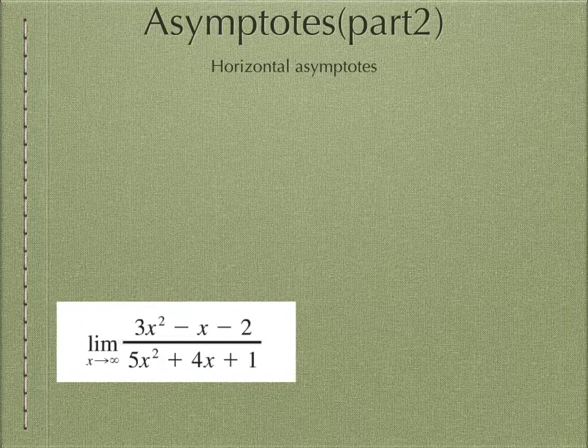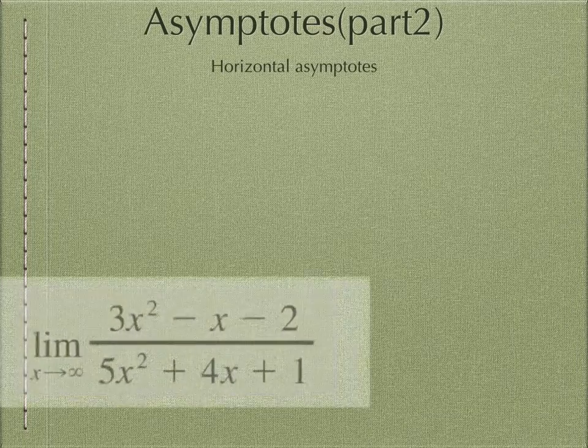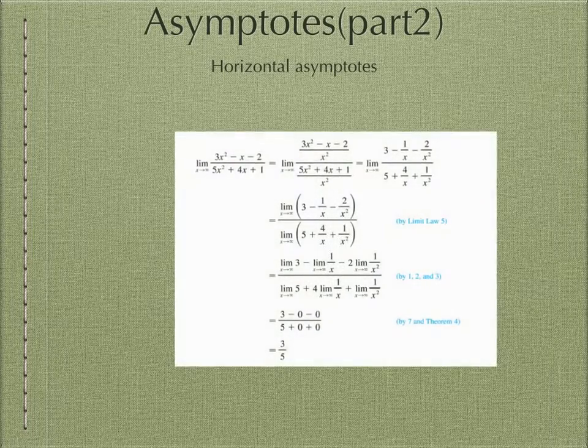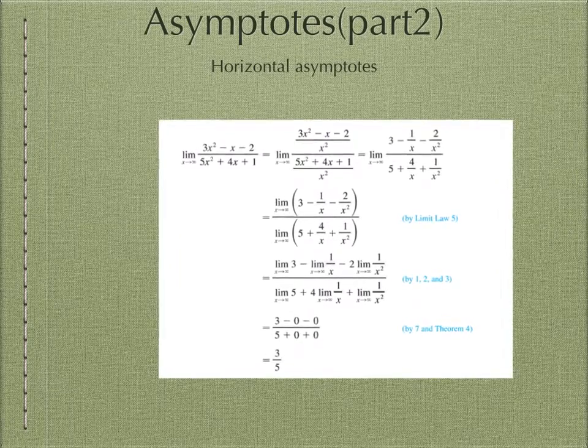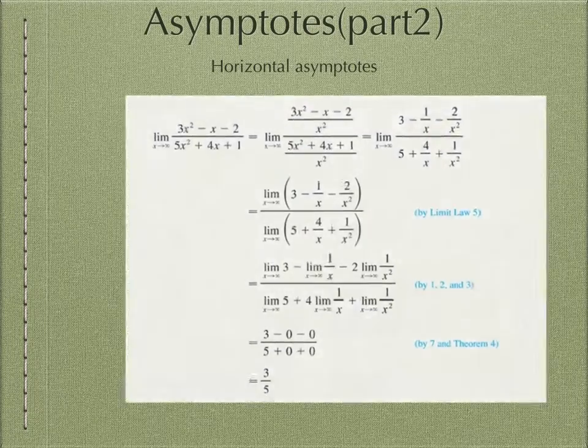If you want to do it the long and right way, we take the limit, take the highest power, and divide the whole thing by the highest power. The functions that have x in the denominator go to 0, so what we are left with is 3 over 5.